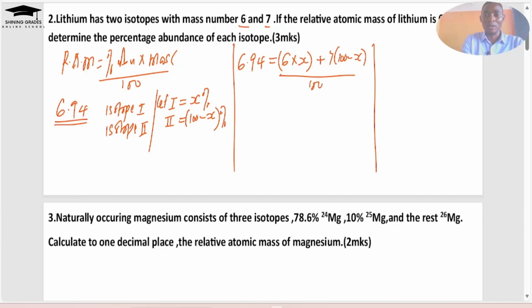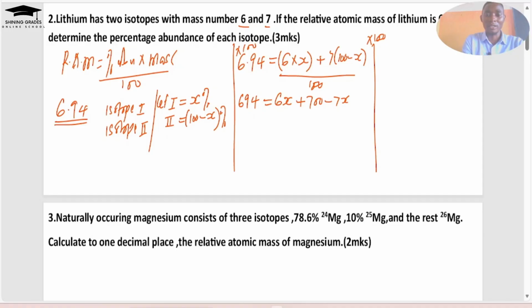So in this case, I'll be multiplying by 100 on both sides of this equation. So I'm going to cancel out the 100 on my right hand side. So I'm going to have 694 is equals to 6x plus 700 minus 7x.